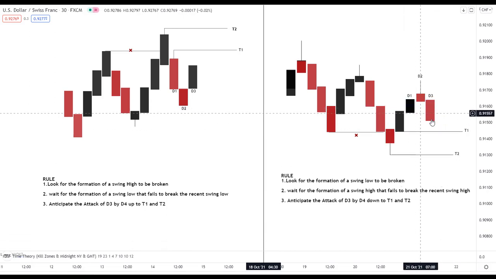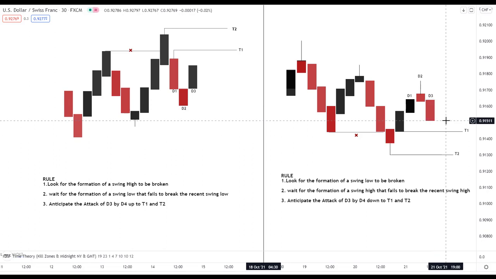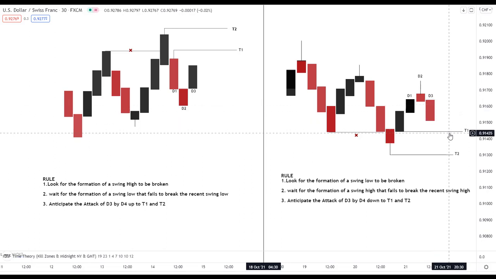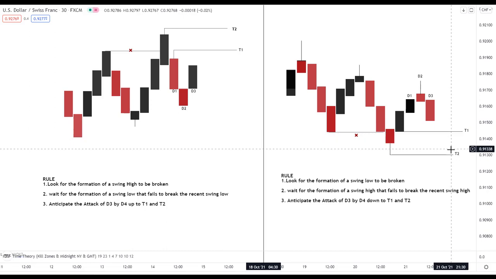This would be your very first target, and you could use this as T1. Price would open here, trade back in there, and all the way it goes, targeting T1, and subsequently and ultimately targeting T2. That's the point of what we're doing, and that's what we're looking for.